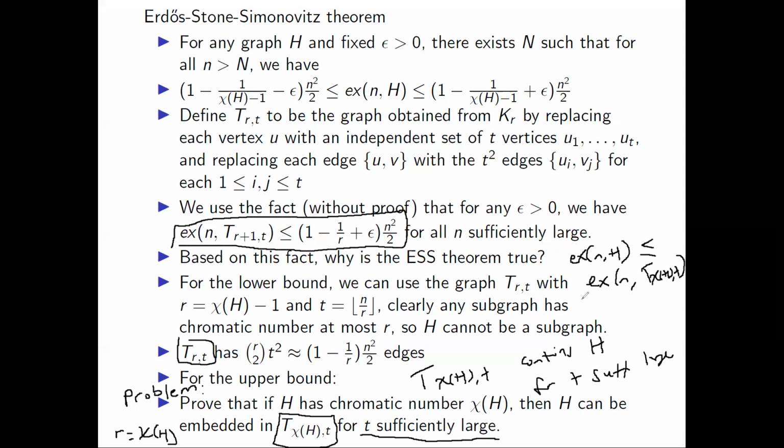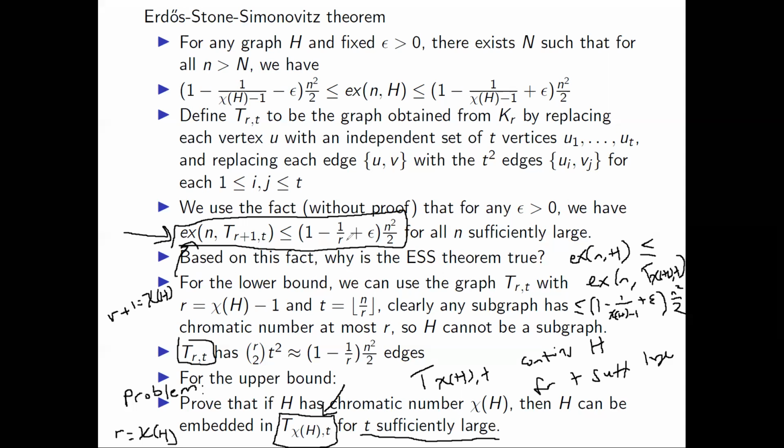From there, we can say this can be less than or equal to (1 minus 1 over chi of H minus 1, and then plus epsilon) times n squared over 2. So we're just applying this bound from this bullet, and we're only applying it to T of chi of H comma t. So we're using r plus 1 equals chi of H in that bullet up here.